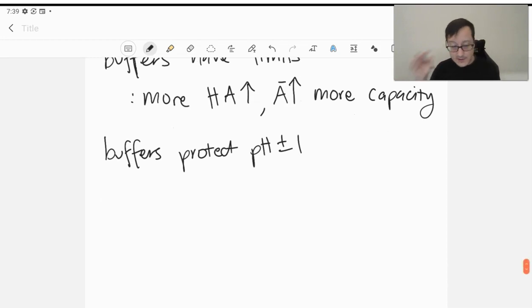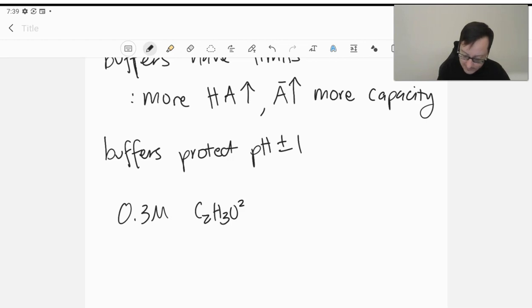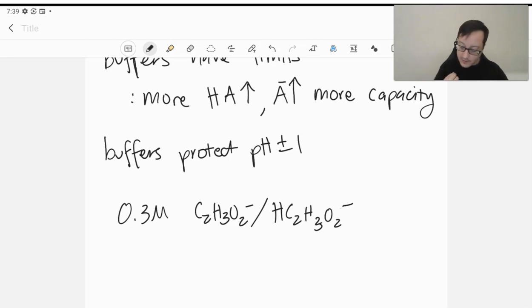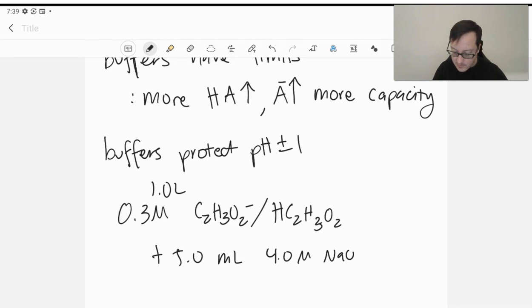And just for some experimental numbers, I have some here. If we had a 0.3 molar acetate and acetic acid buffer, and we had a liter of this and we added 5 mLs of 4 molar NaOH, the pH of this originally, since they're the same, would be 4.74.